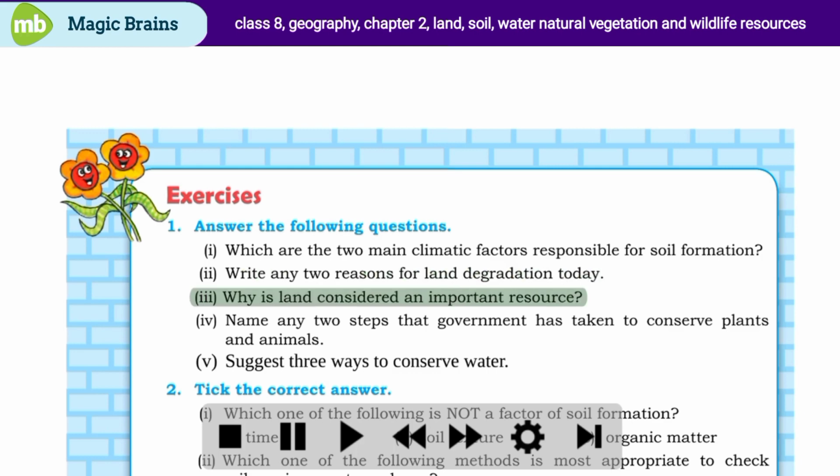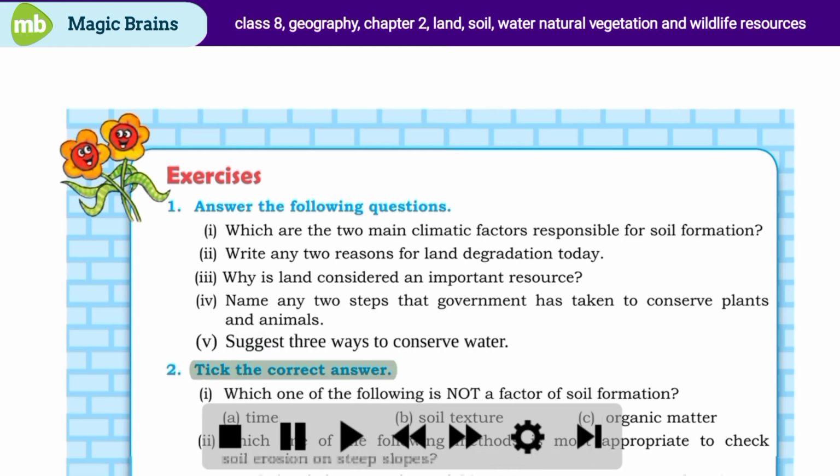Question number 3. Why is land considered an important resource? Question number 4. Name any two steps that government has taken to conserve plants and animals. Question number 5. Suggest 3 ways to conserve water.